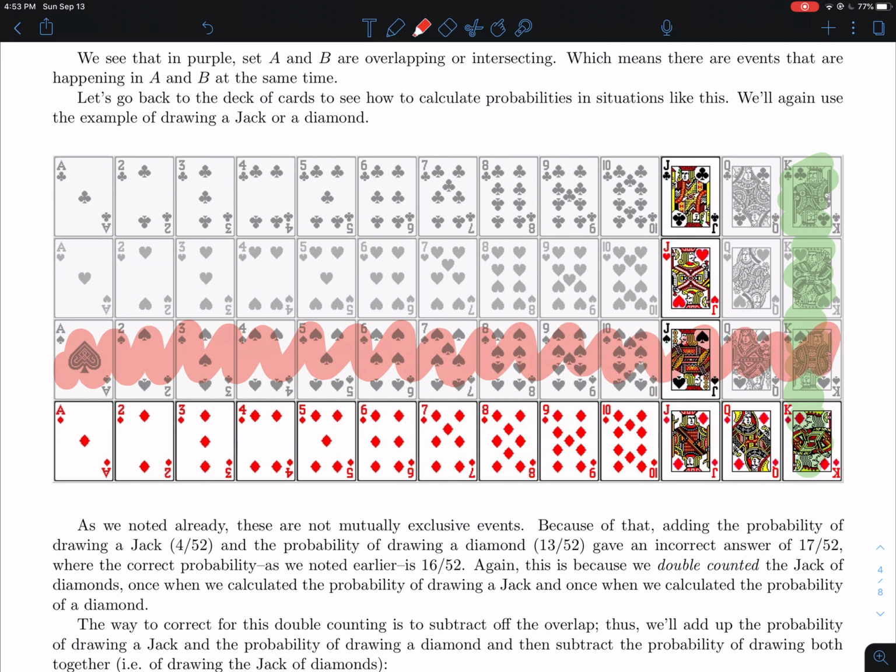If you ever have a situation where the green and the red are overlapping, that means that card or cards is in both sets, and it would accidentally get double counted if we treated this as disjoint. So we can see in this case that the king of spades is in the king's column, but it's also in the spade row. So it's actually being double counted in this case, and we don't want that to happen.